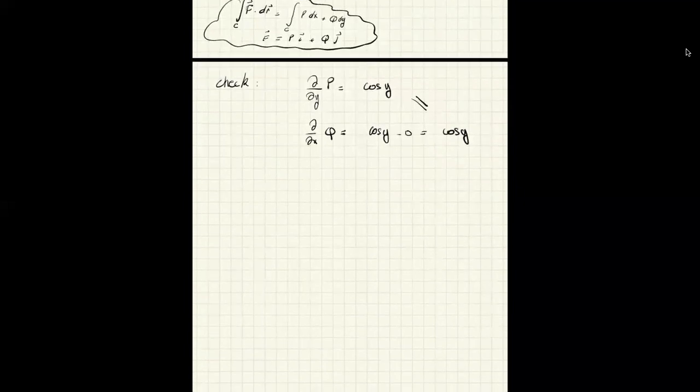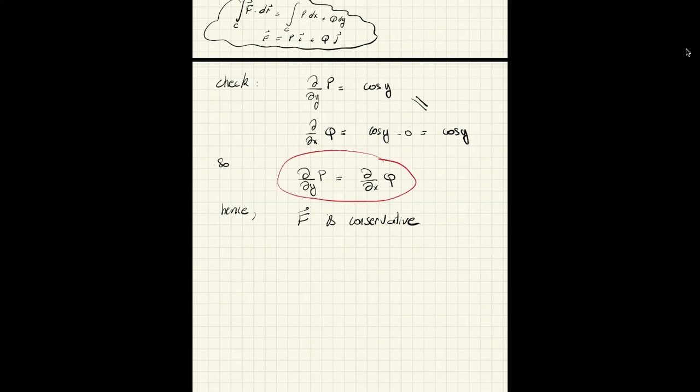So this is true. Hence, F is conservative. But be aware that the region needs to have no hole. You cannot just say, okay, I have this, then it's conservative.